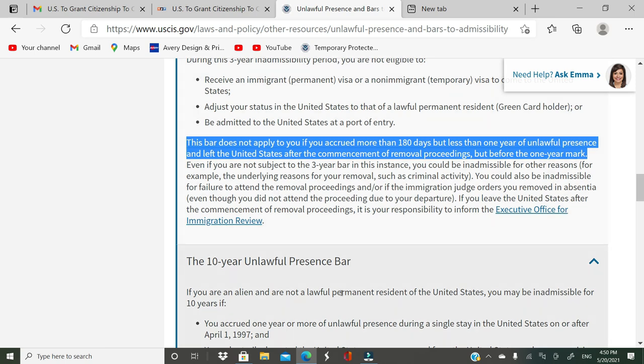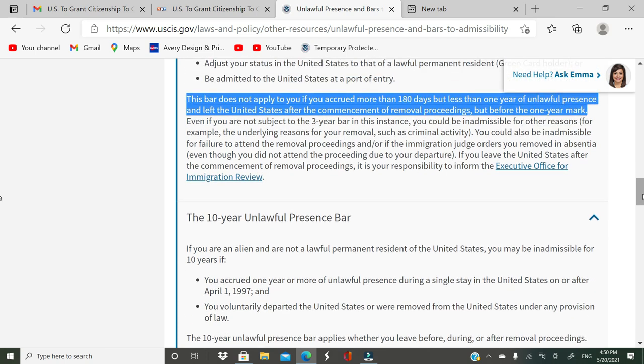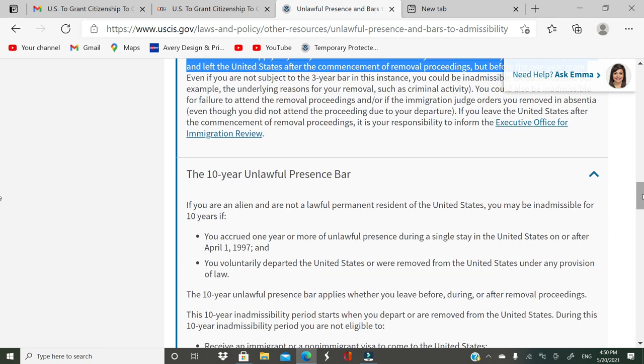So you're not going to be inadmissible based on unlawful presence, because that exception applies, but you're still going to be inadmissible based on the fact that you failed to attend the removal proceedings. So the judgment was entered in absentia, basically without you. That's what your ineligibility will be based on. So either way, it's still inadmissible, but on a different ground.